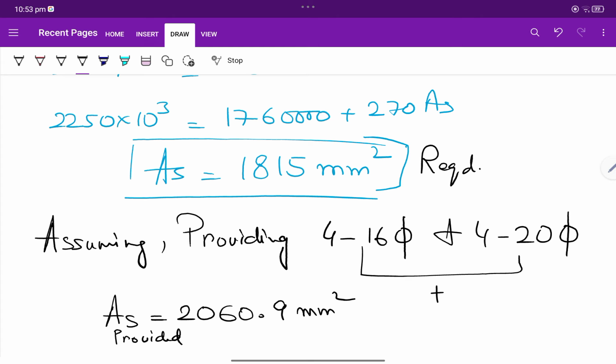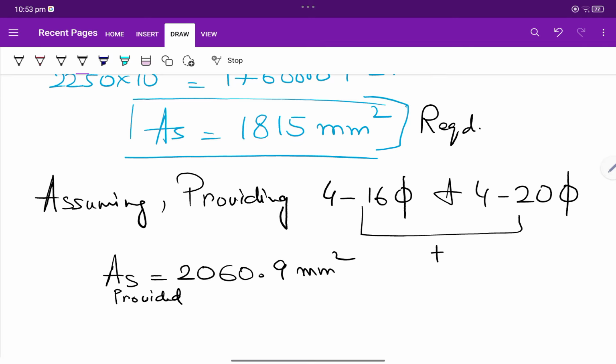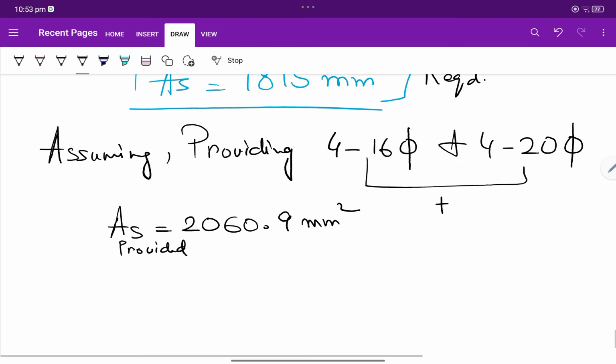Okay, so the As provided is greater than As required, so we can provide it. Now you can do this permutation combination also.